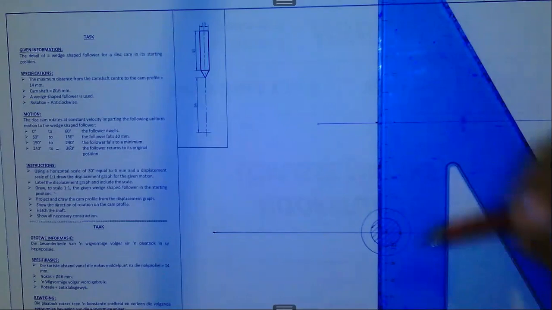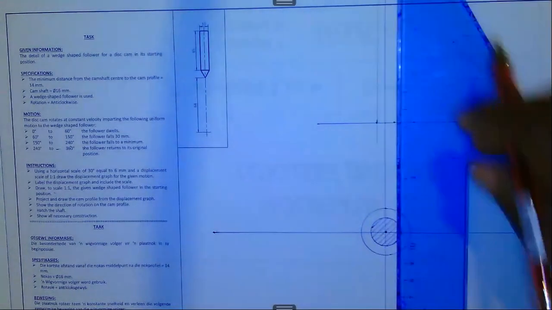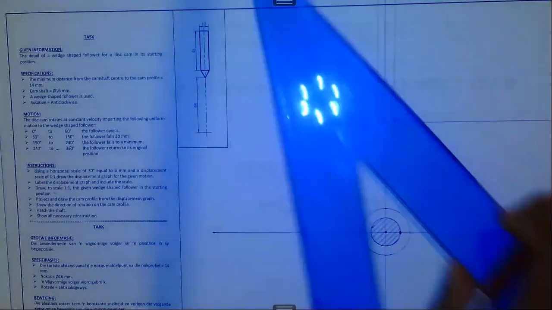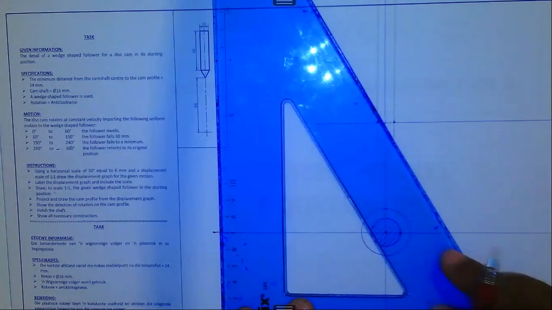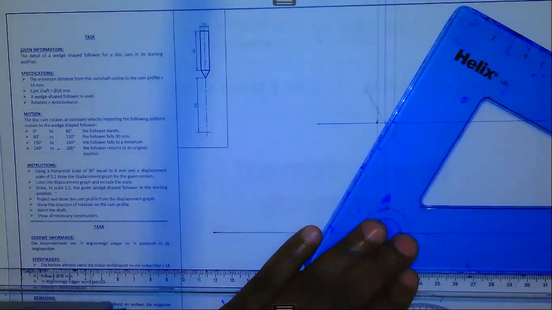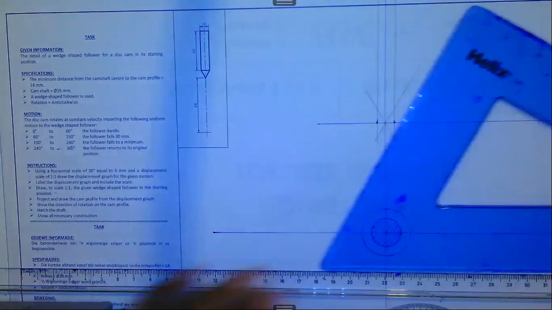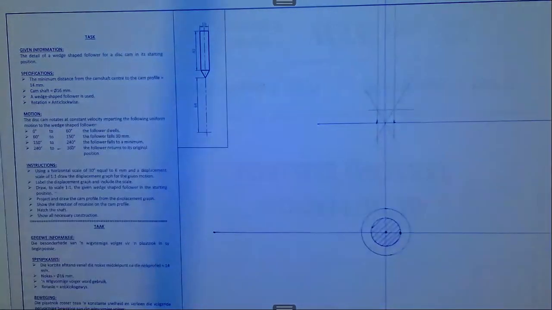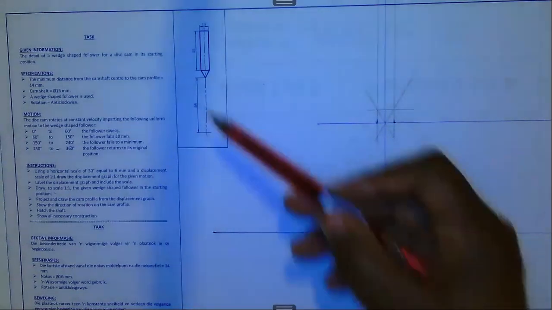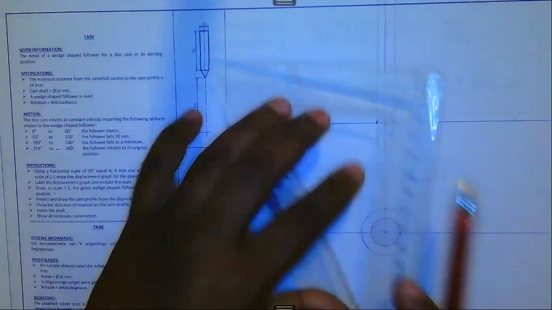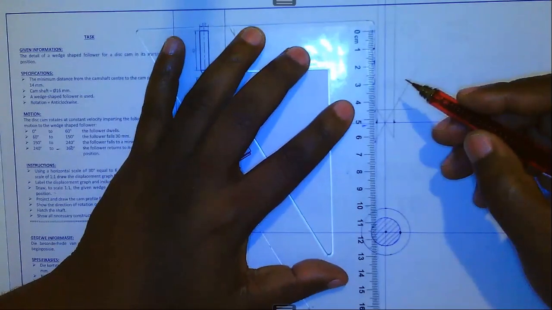Take this one up. Take this one up as well. Then at 60 degrees. Then from there, we measure 45 millimeters from here to there.